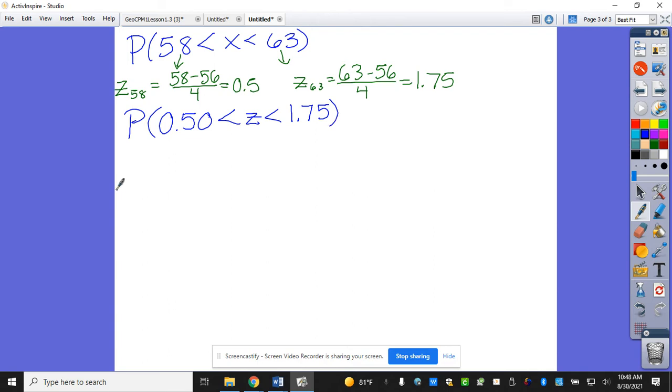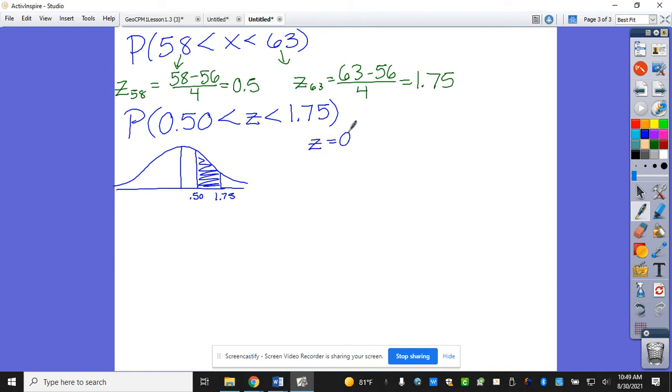Graphs. Areas. Either some people are going to go straight to sketching it, and some people are going to go straight to the chart. Either one's fine. So there's my 0. Both of these lines are where? To the right. So I'm showing that I'm shading there.